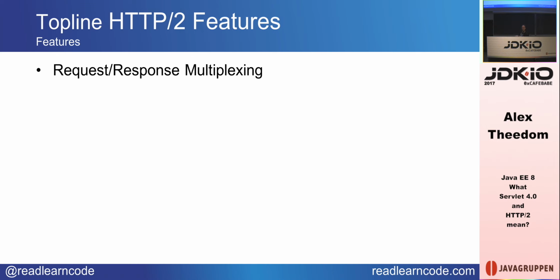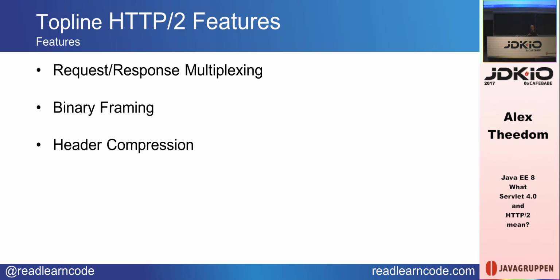Request and response go over a single connection, so that's got to be multiplexed. It's the only solution to the problem. And that is achieved with binary framing. Your request and response are broken down into frames, and we'll have a look at that a little bit later. This is just an overview of the headline features I'm going to be discussing.